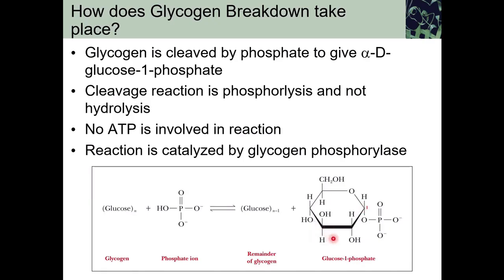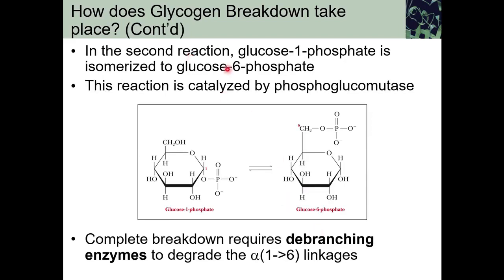So in order for this substance to be metabolized in glycolysis, it will have to be isomerized to glucose 6-phosphate. And that's exactly what happens. In the second reaction, glucose 1-phosphate is isomerized to glucose 6-phosphate by the enzyme phosphoglucomutase. Then this glucose 6-phosphate can enter the glycolytic pathway, providing the muscle with glucose.